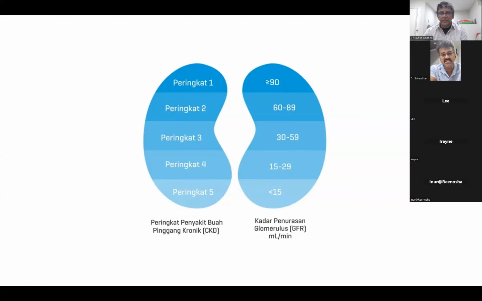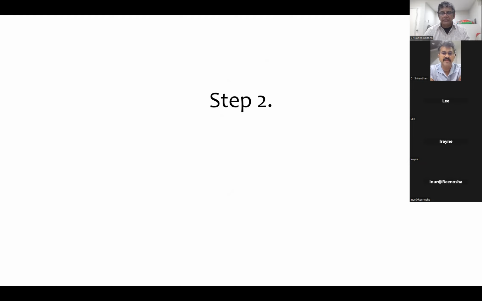The second stage is 60 to 89 mL per minute. The third stage is 30 to 59. The fourth stage is 15 to 29 mL per minute. And stage 5 is less than 15. With a GFR less than 15, you have to plan them for dialysis or transplant.